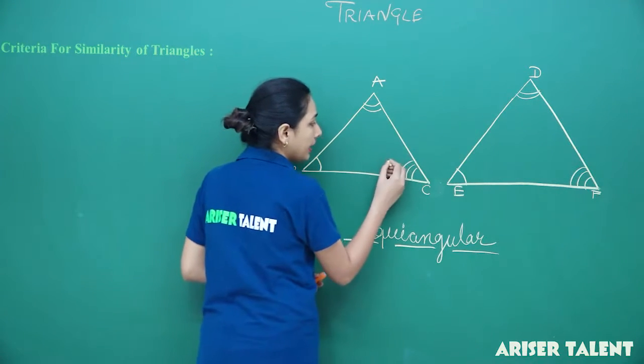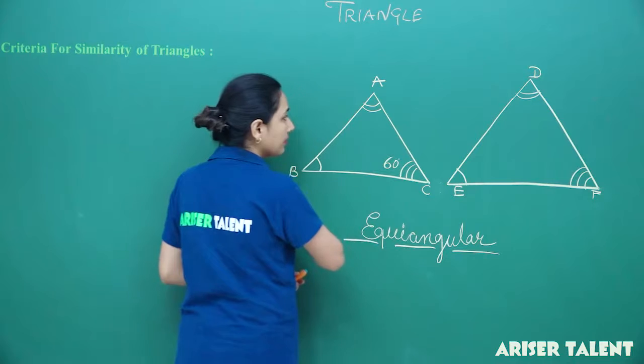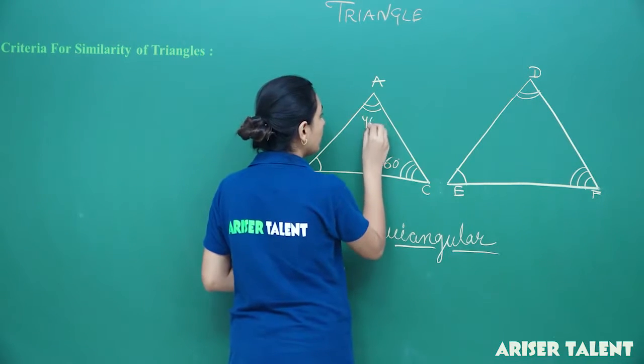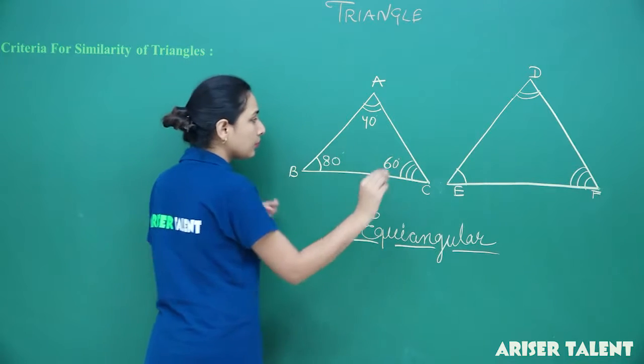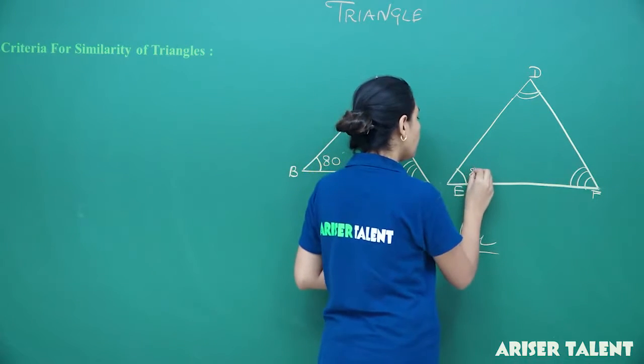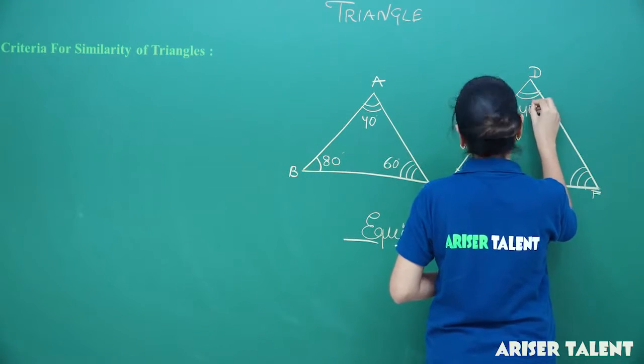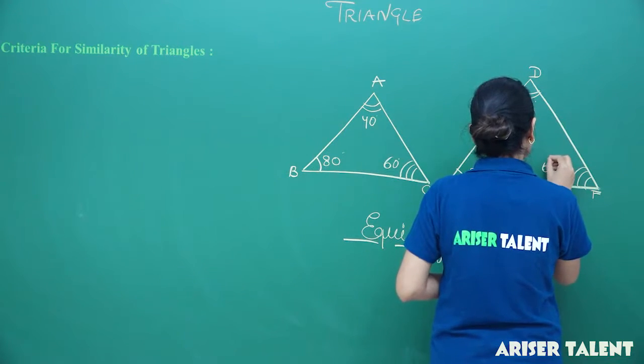Let's suppose the angles are 60, 40 and 80. Then the other triangle should also have 80, 40 and 60.